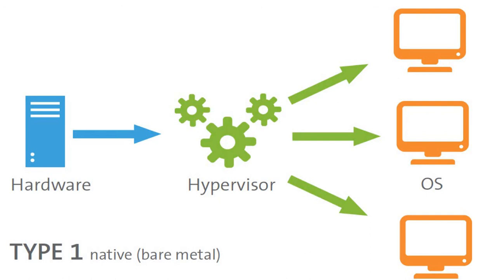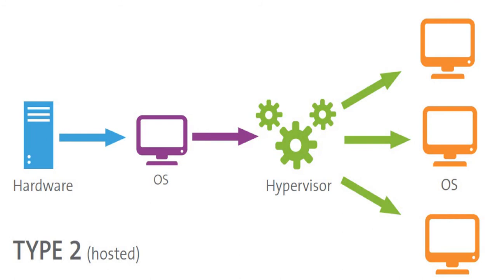Your type 1 is also referred to as your native hypervisor or your bare metal hypervisor, which means that this hypervisor is run directly on top of your hardware. All right. And the second type is your type 2 hypervisor or your hosted hypervisor, which is run on top of the operating system that is already running on your hardware. All right. So that is your hosted or your type 2 hypervisor.